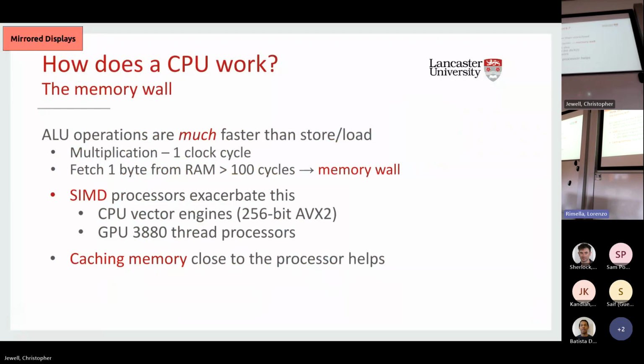That might be surprising if you've never thought about this before, but even though it appears like a direct fetch out of the RAM, you've still got a memory controller to pass. There's an address translation that goes on to tell you where the bit of data is. You've got to pull it through. You've got to compete maybe with other processors that are trying to use the memory controller at the same time. Fetching memory from RAM is quite slow, and typically we're talking of the order of more than about 100 processor cycles, whereas multiplication can be only one clock cycle.